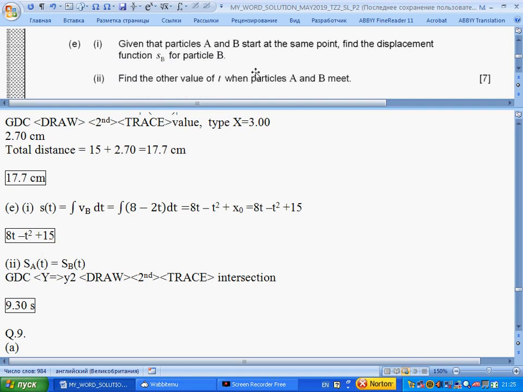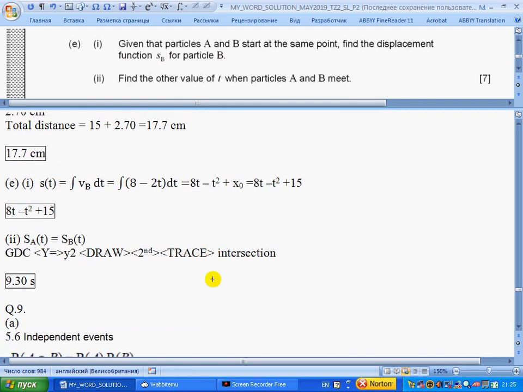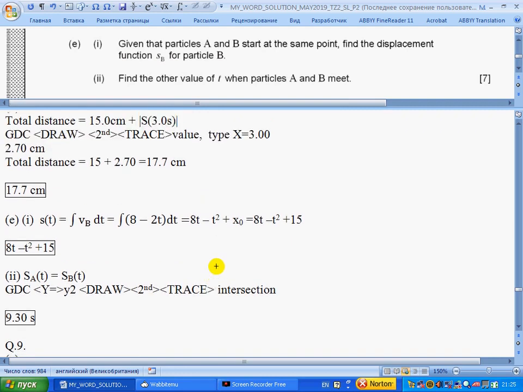Given that the particles meet, find the other value of t when particles A and B meet. So the graphs of the two functions should intersect.